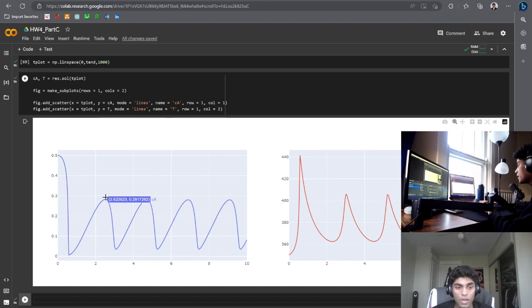So as soon as we start losing the concentration, as soon as the reaction starts going, we see that our reaction temperature begins to increase as a result.